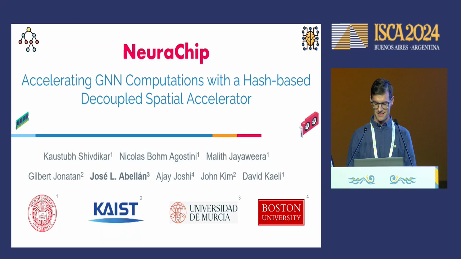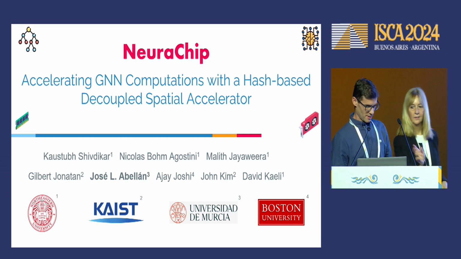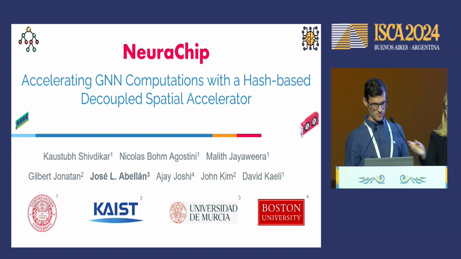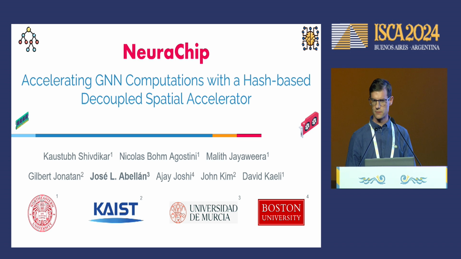Okay, good afternoon. Thank you very much for the introduction. I'm going to present this work on behalf of Shivdikar, who was a PhD student that led this work under the supervision of Professor Kaeli.